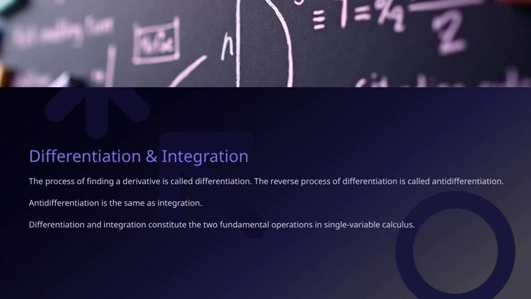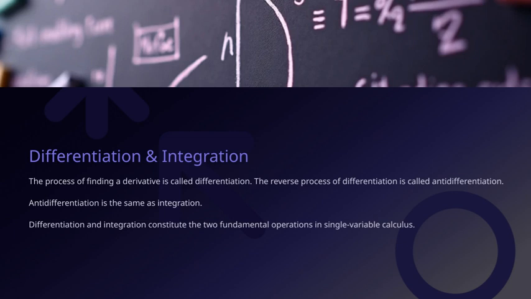On the other hand, the process of finding a derivative is called differentiation. It's all about analyzing the rate at which a function changes at any given point. Now, the reverse of differentiation, finding the original function from its derivative, is called antidifferentiation or integration.